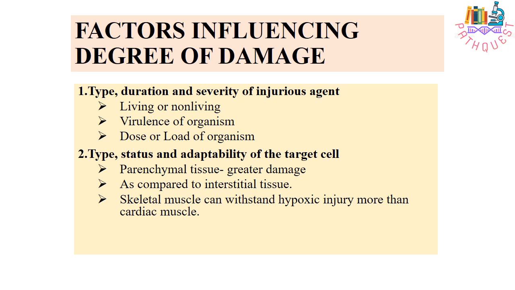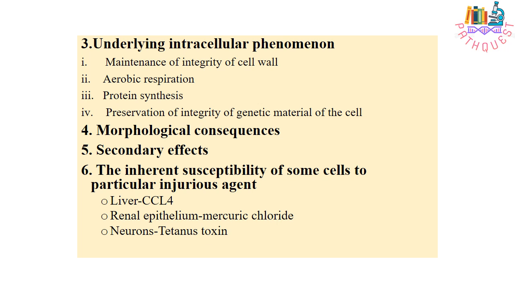In the interstitial tissue also, some are more sensitive to damage. The example is the skeletal muscle and cardiac muscle. If both are exposed to a similar amount of hypoxia, the cardiac muscle will be damaged more as compared to skeletal muscle. So the cardiac muscle is more sensitive to hypoxic injury.